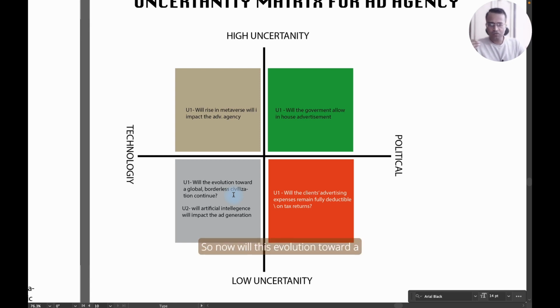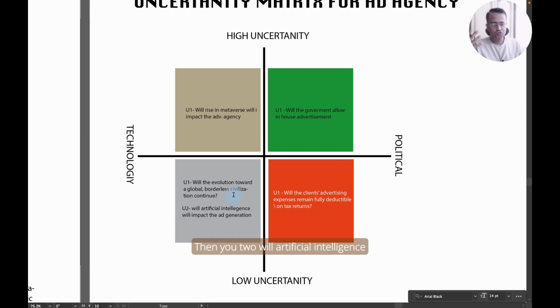So now, will this evolution toward a global borderless civilization continue, and how may this impact the advertisement serving to the consumers? Since consumers are getting more global, they are getting exposed to global culture. So how will this impact the advertisement agency?